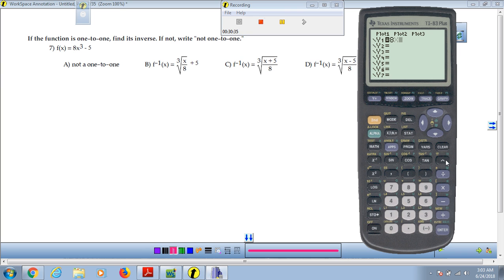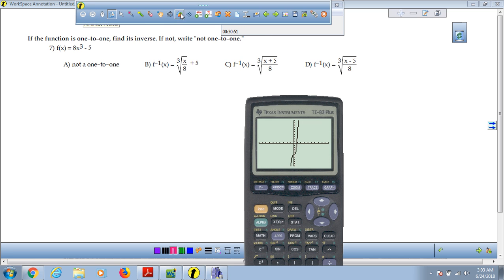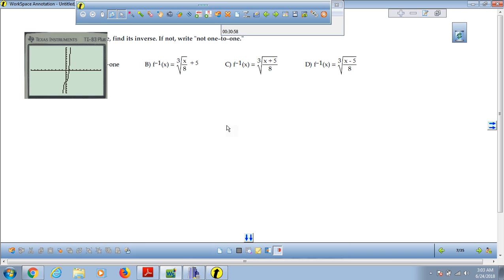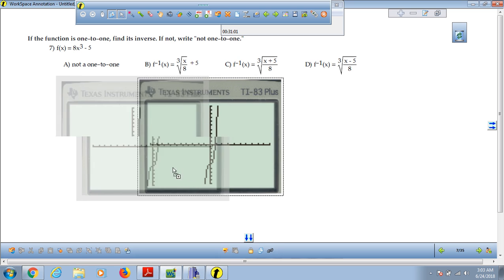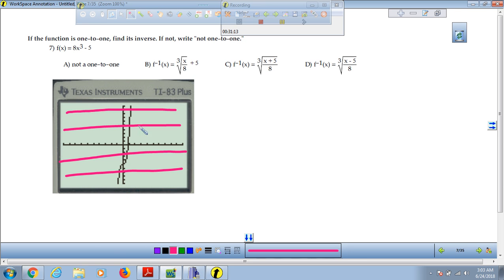I would graph it, and if I am able to draw a horizontal line through the graph, and this horizontal line never anywhere intersects the graph in more than one point, and I can do as many lines as I want, never is the graph going to touch the same horizontal line more than once, the graph itself, not the coordinates, just the graph, then this is a 1 to 1 function.